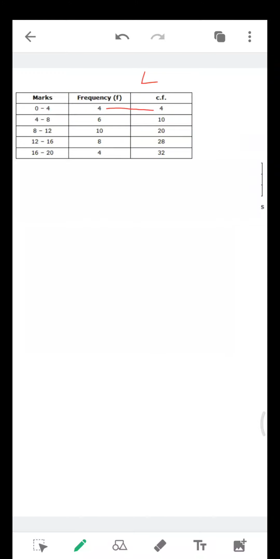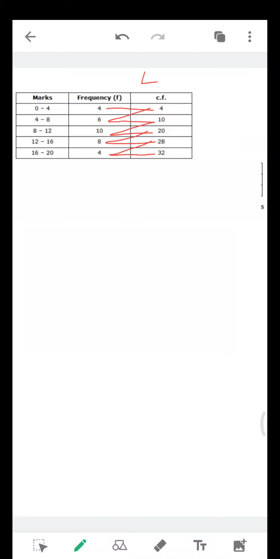Hope you remember, 4 plus 6 is 10. So we go on adding the numbers in the zigzag way. Then 10 plus 10 gives you 20, 20 plus 8 gives you 28, then 28 plus 4 gives you 32. So this is the less than cumulative frequency which can be used to draw less than type of ogive.